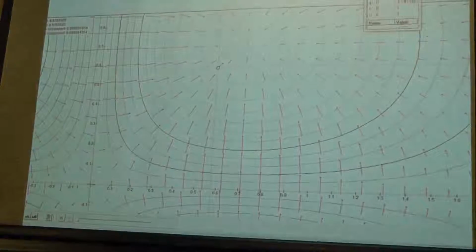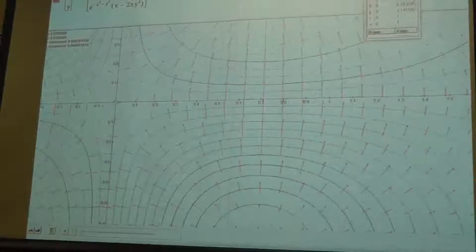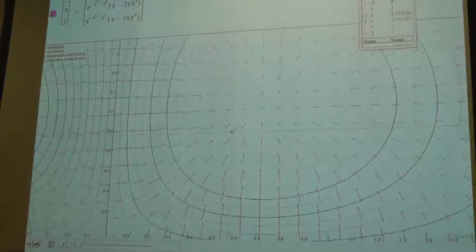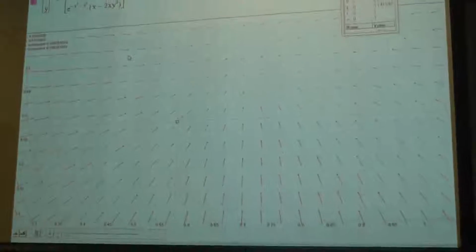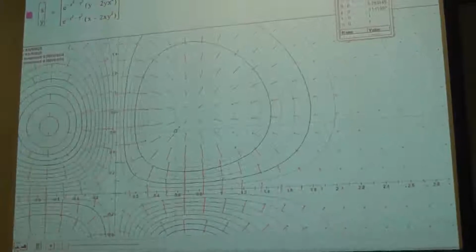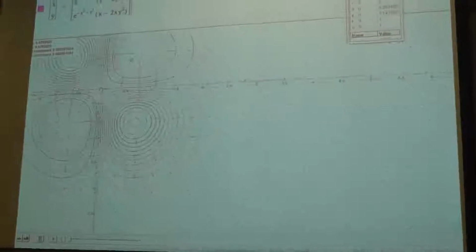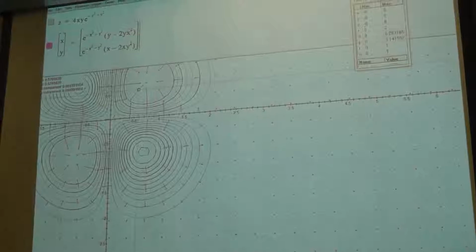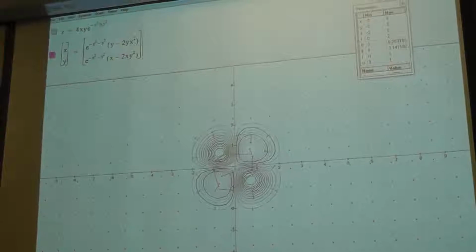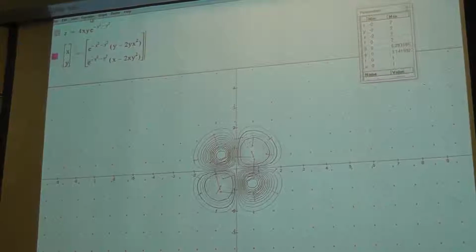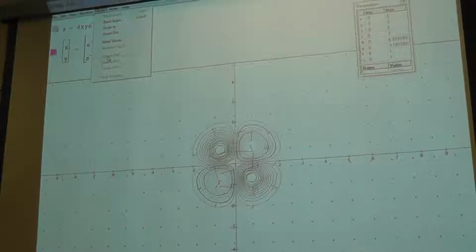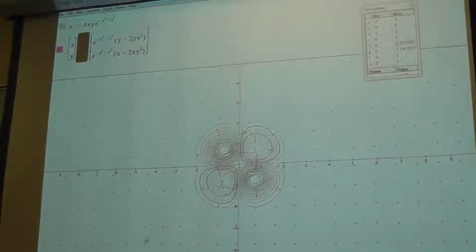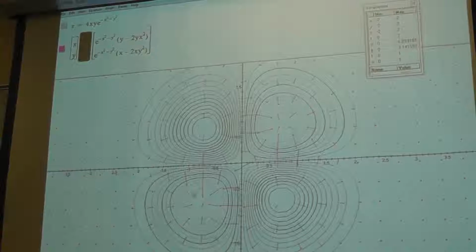So if I go to the point x equals 1, y equals negative 1, as best I can, zoom out, actually. Surface plot. Oh, it can't do that with the gradient vectors right there. Okay.